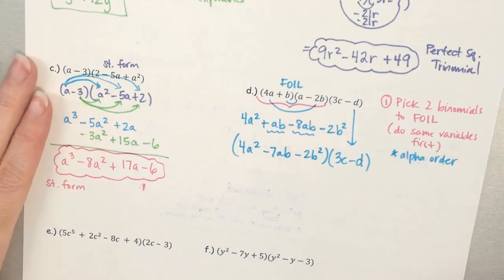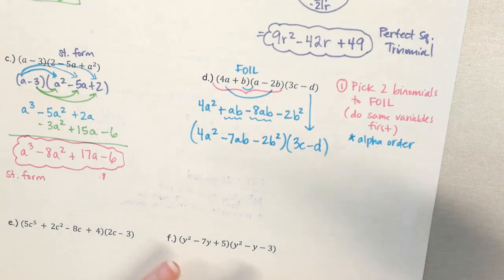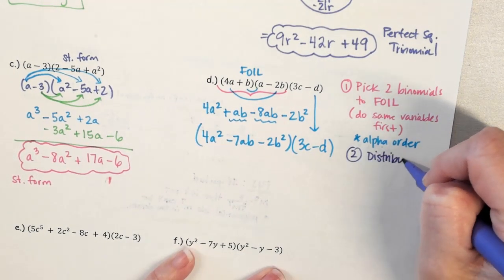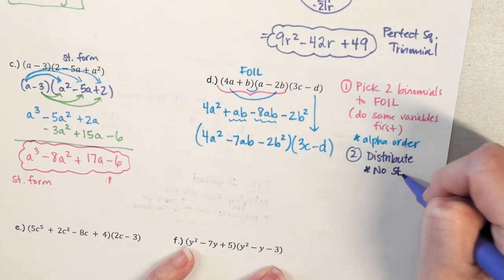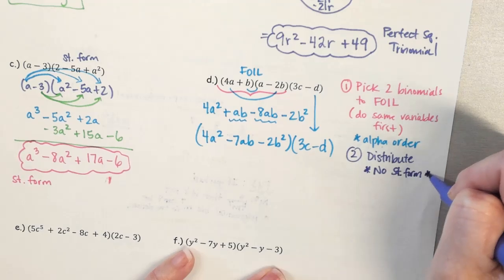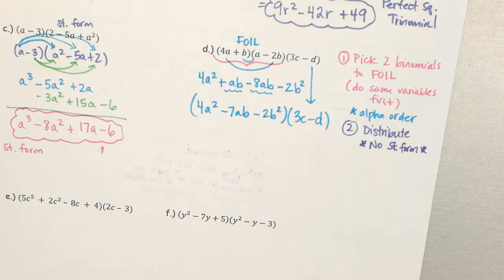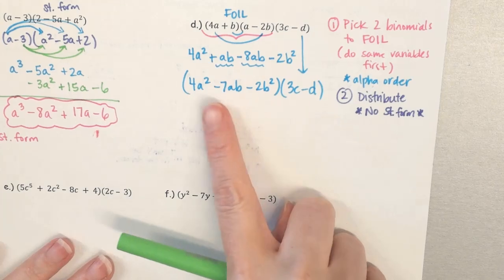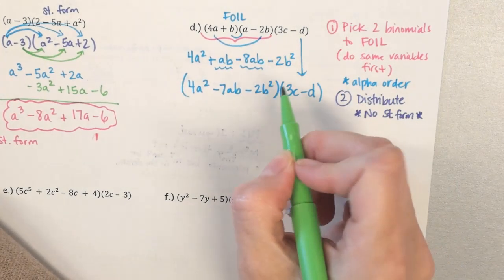So your first step is picking the two binomials to FOIL. We did the same variables first. Now we're going to distribute. Okay, and there is no standard form because you have more than two variables. Okay, so when I distribute, I always take the smaller one and distribute it to the larger one. That's just quicker for me. You can do what you would like.